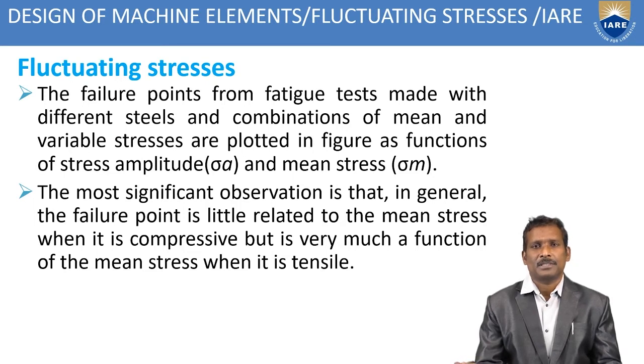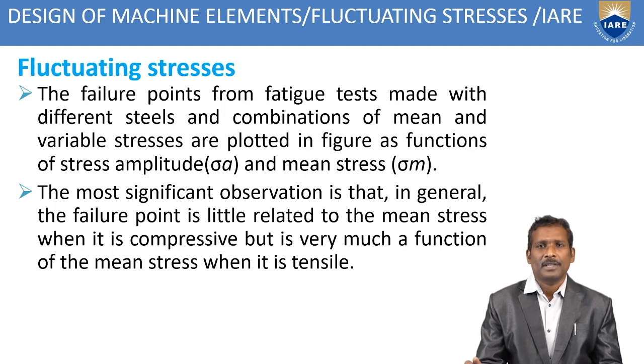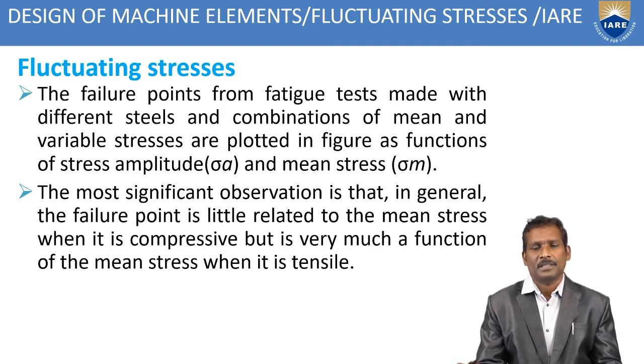and variable stresses. We have already studied these alternating stresses, and we can calculate them by using the stress-time diagram. Those stresses are plotted in a figure as a function of stress amplitude and mean stress.